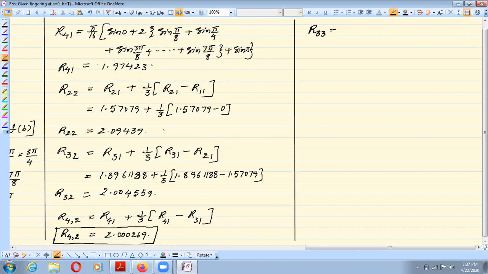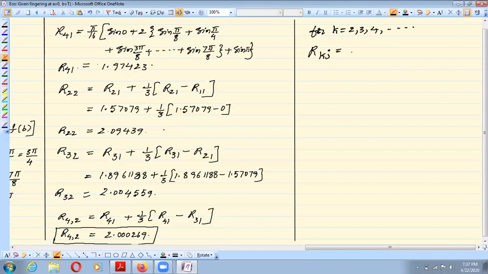Next one, R33. Here onwards, there is a formula we have for k is equal to 2, 3, 4, and so on.